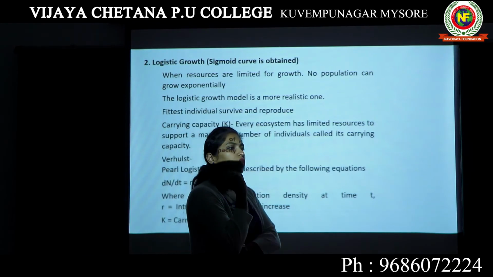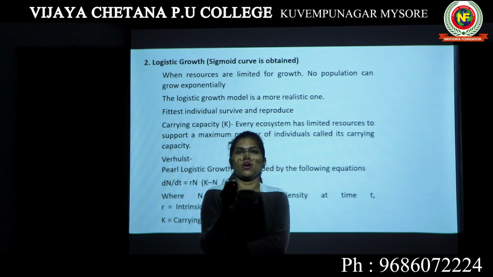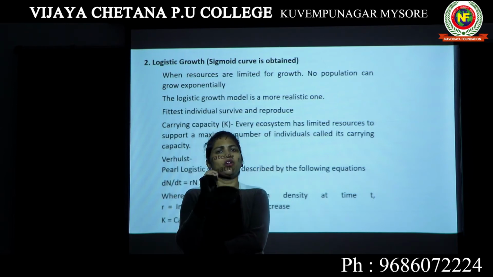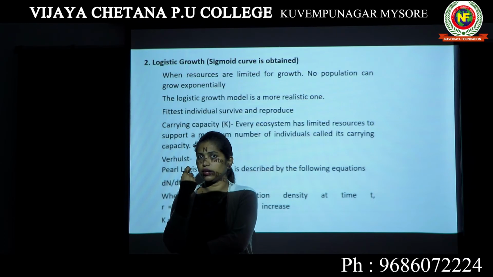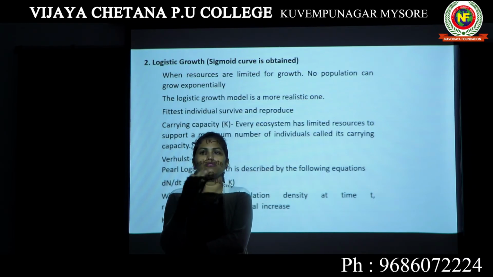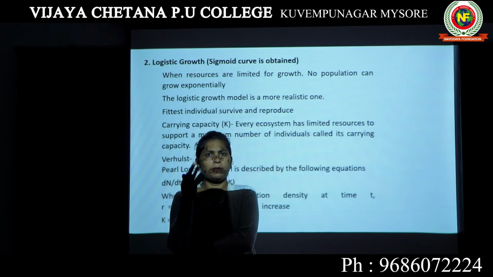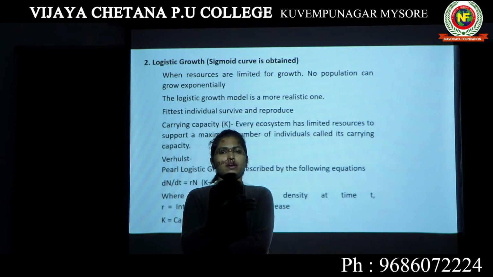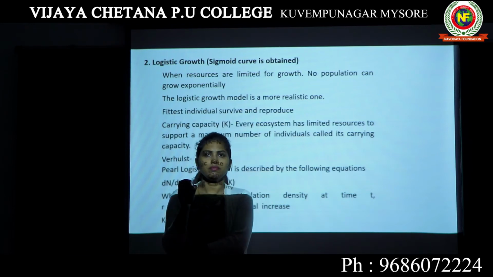When we talk about resource, it can not only be food, it could be any resource which is helpful for the growth of a particular animal or any particular population. It could be a bacteria, fungi, animal, plant, any microorganisms.